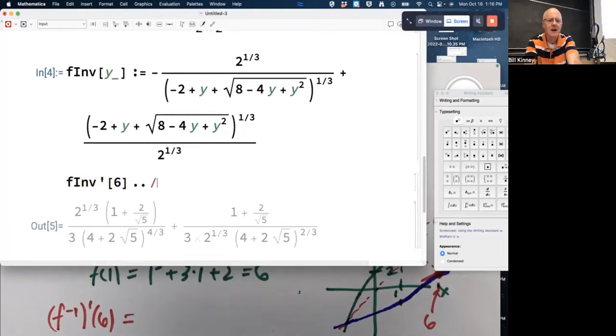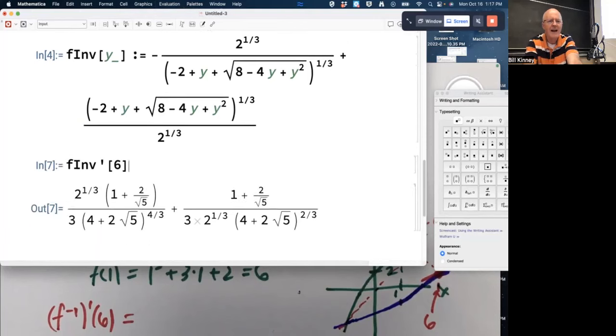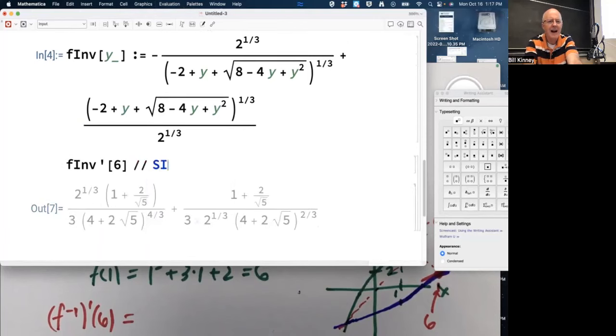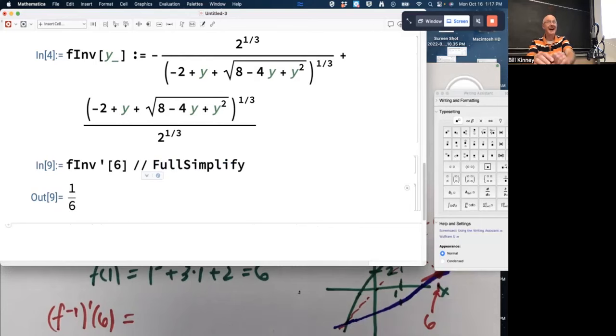That's the answer? Wait a minute. That's simpler than it looks, doesn't it? Full simplify. 1/6. What?